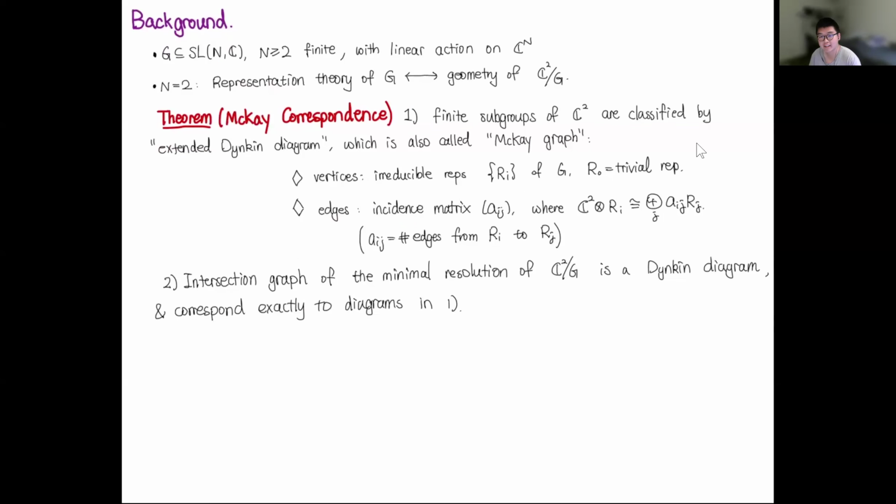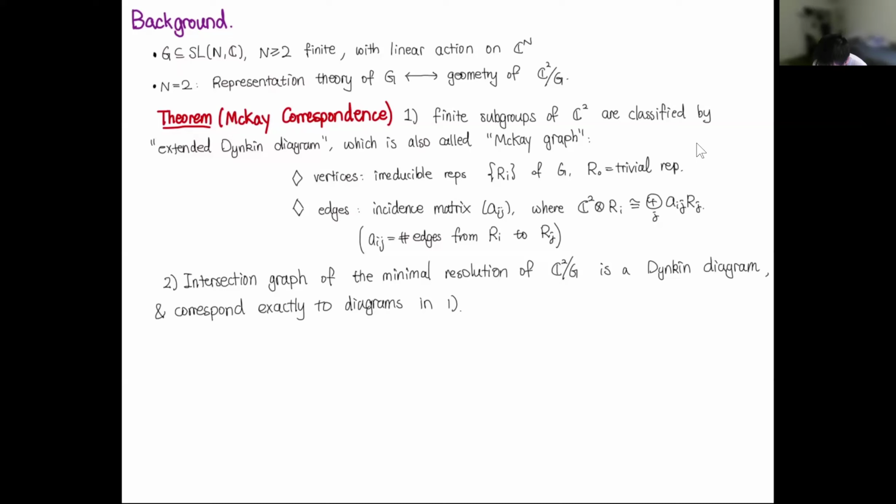This is a correspondence between the representation theory and algebraic geometry. So we start with a finite subgroup of the special linear group SL(n, C), where n is some positive integer, and we consider its linear action on the vector space C^n.